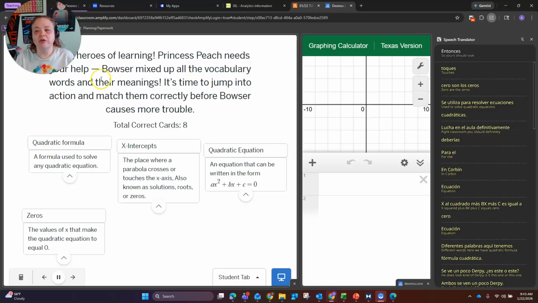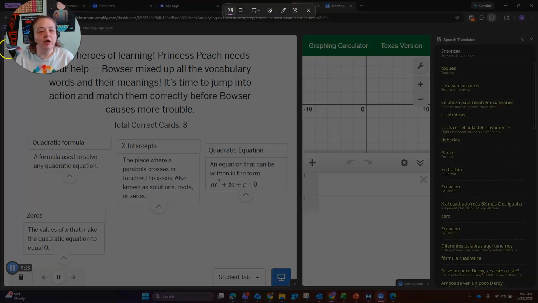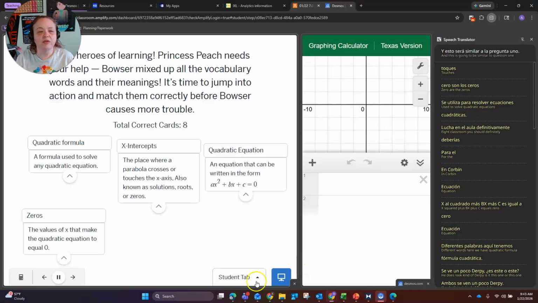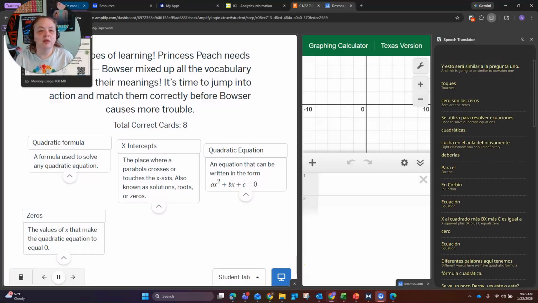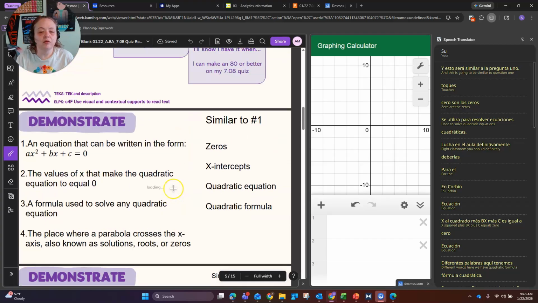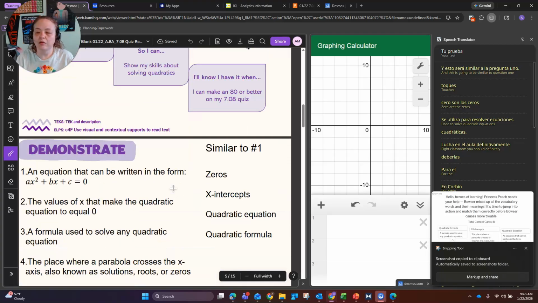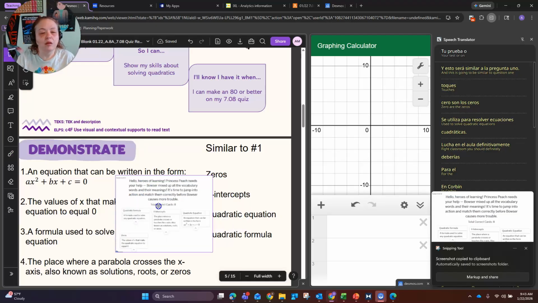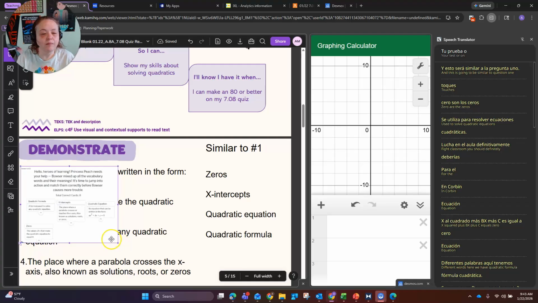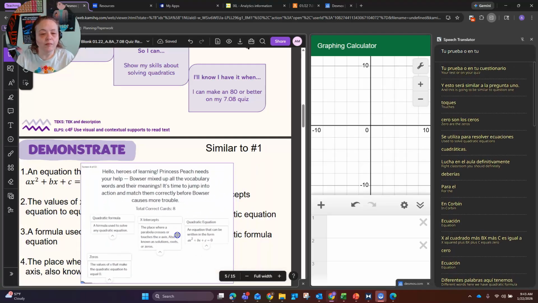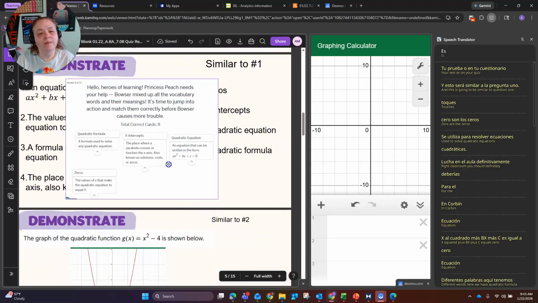And this is going to be similar to question 1 on your quiz. Okay, similar to question 1 on the quiz. There's our vocabulary.